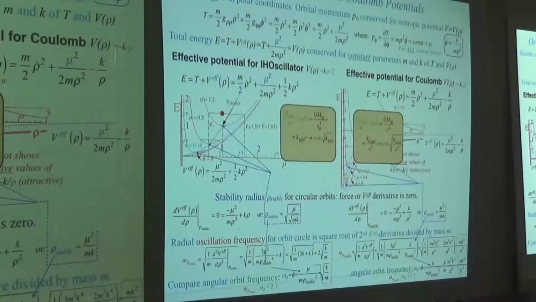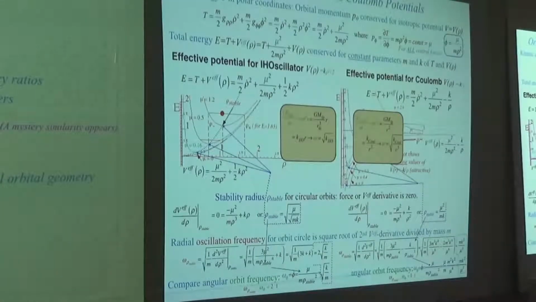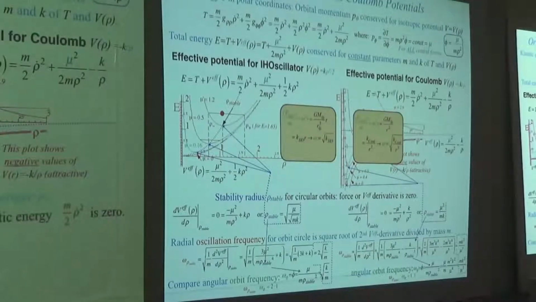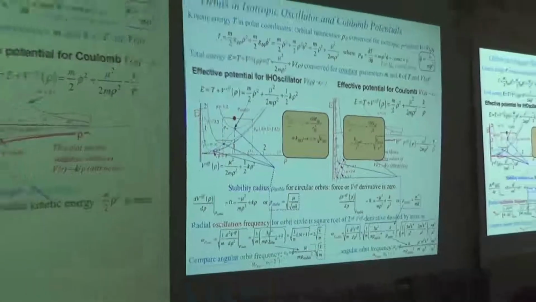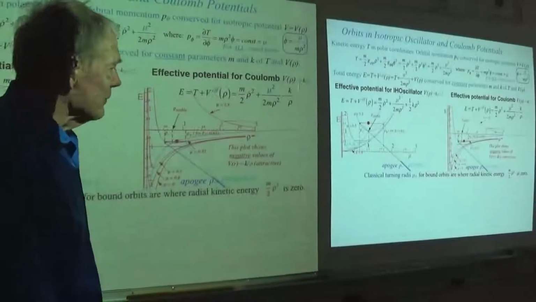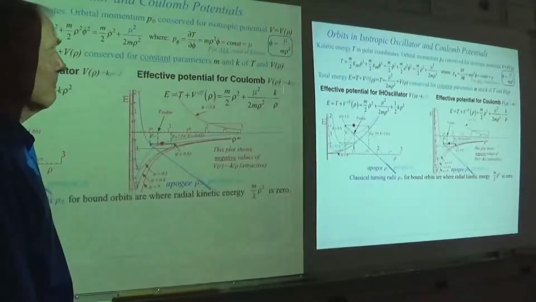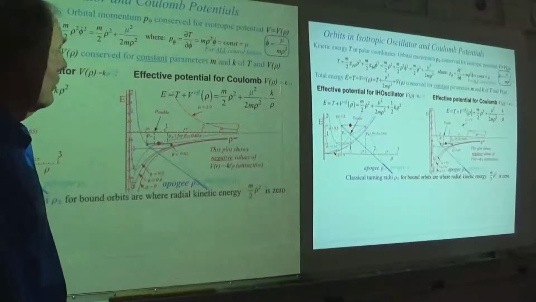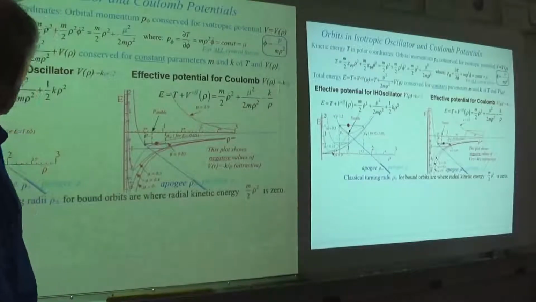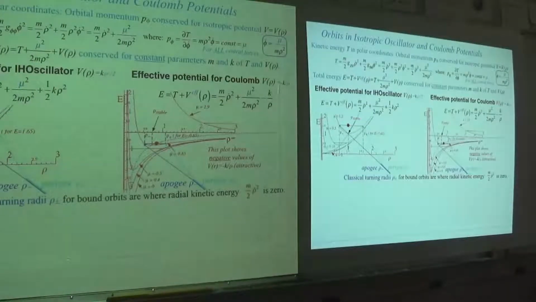So let's go on. What we need next are the turning points. We were just looking at the bottom and its curvature, but now what we need are apogee minus perigee.